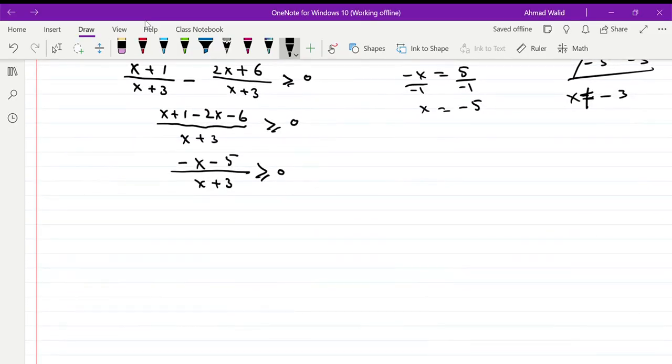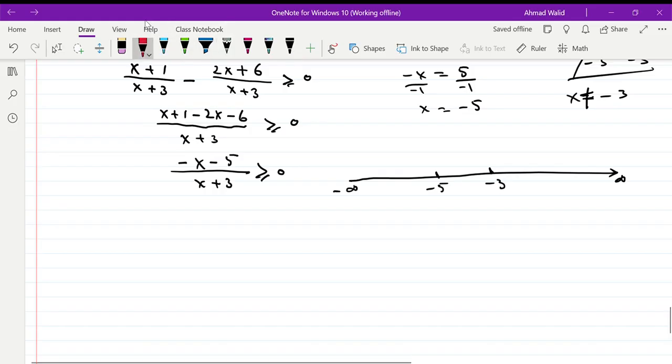Now, draw number line. Here is your negative 5. Here is negative 3. Positive infinity, negative infinity. Pick up a test point from each region. Correct? Here 0.